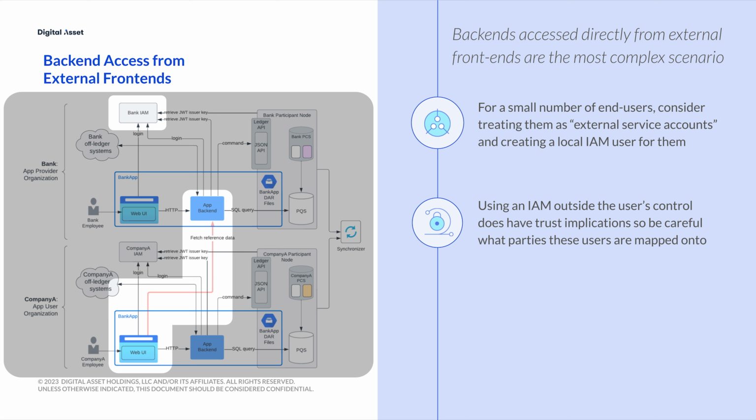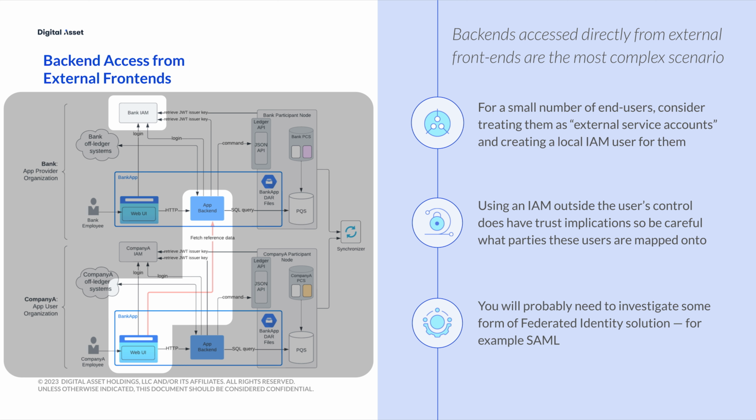Using an IAM outside the application user's control has the trust implications we have already discussed, so be careful and explicit about what parties and permissions you map these users onto. Where trust issues are intractable, or for large numbers of end users, using a federated identity integration like SAML is advisable.